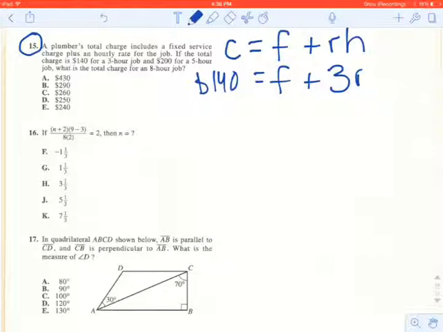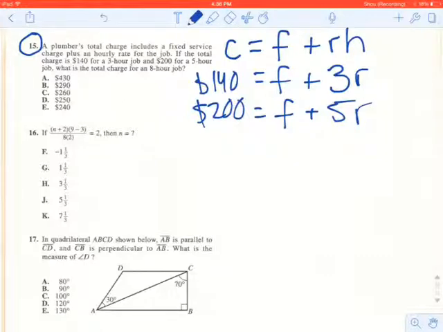We know it's 3 hours. And then we also know that a $200 job with some fixed rate happens for when you have the plumber there for 5 hours. So we've got these two equations that we set up, and there are a couple different ways that we can solve this.